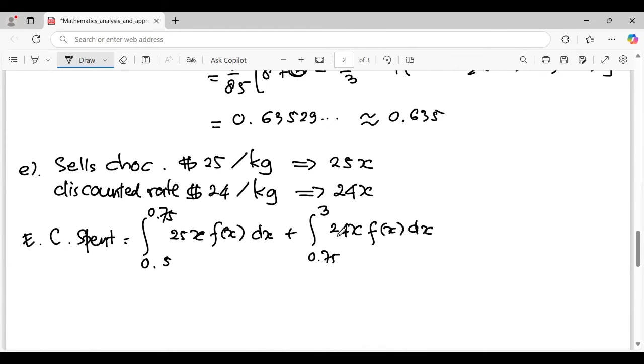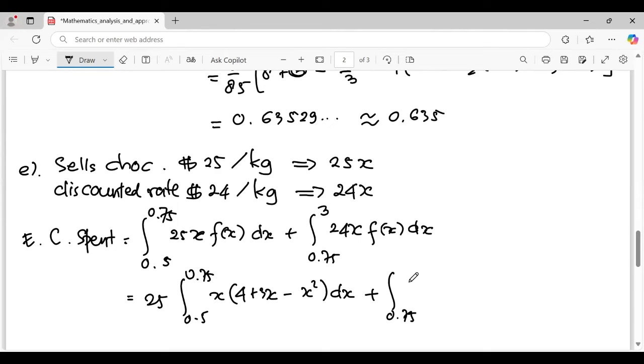And we can calculate this: 25 times the integral from 0.5 to 0.75 of x times (4 plus 3x minus x squared) dx, plus the integral from 0.75 to 3 of 24 times x times (4 plus 3x minus x squared) dx.